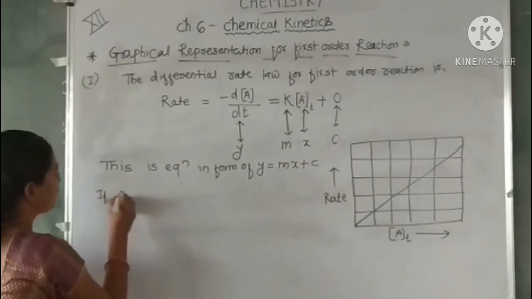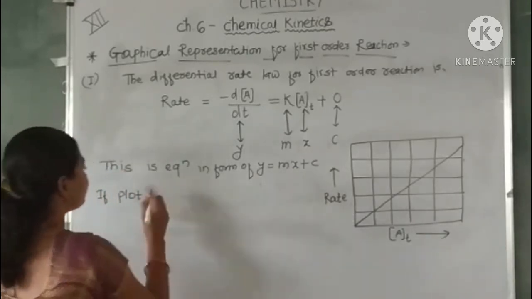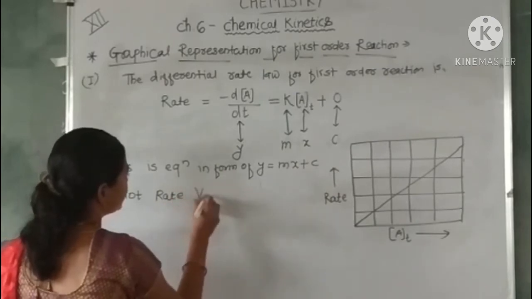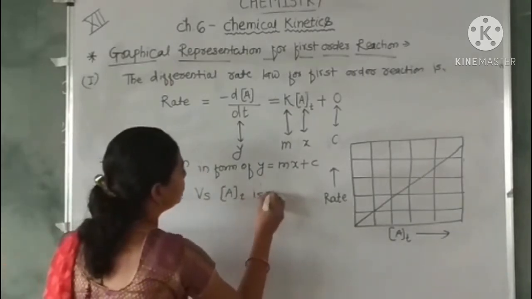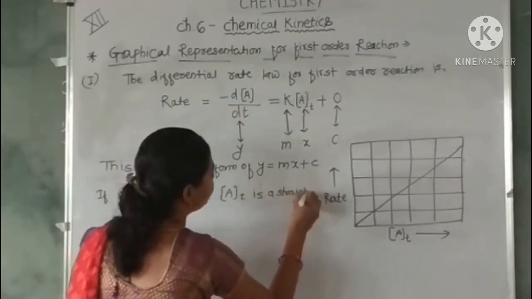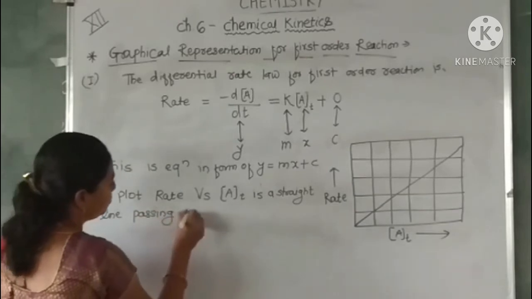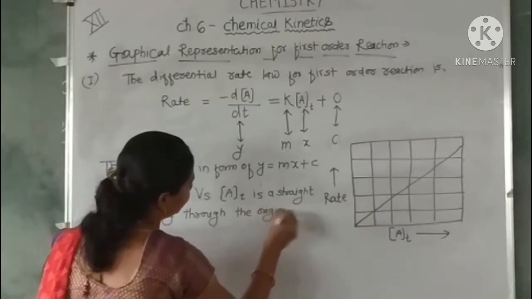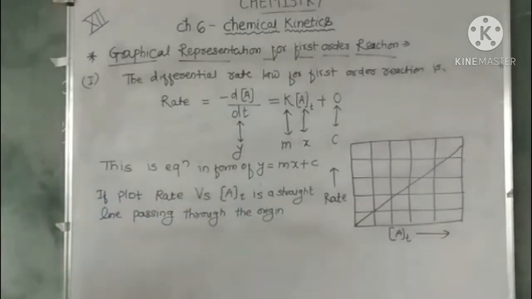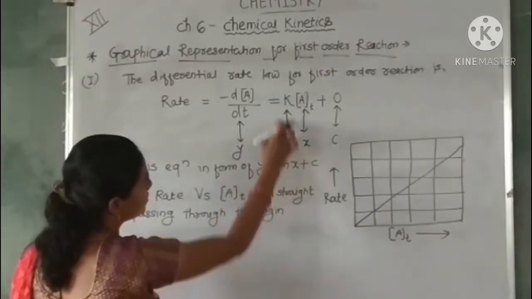If we plot rate versus final concentration At, it is a straight line passing through the origin, and in this equation the slope of this line is m, that is k.